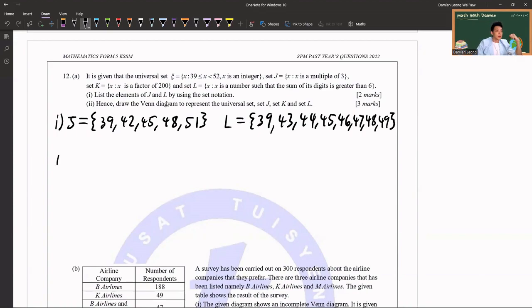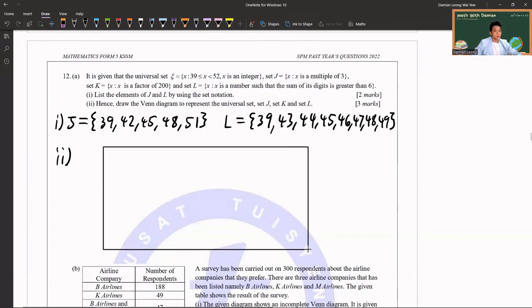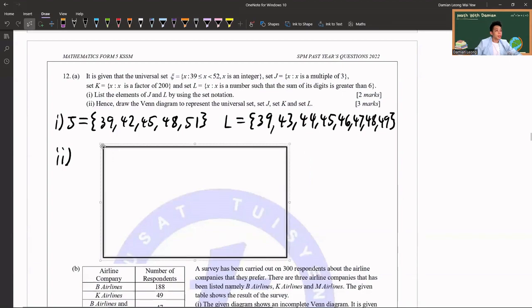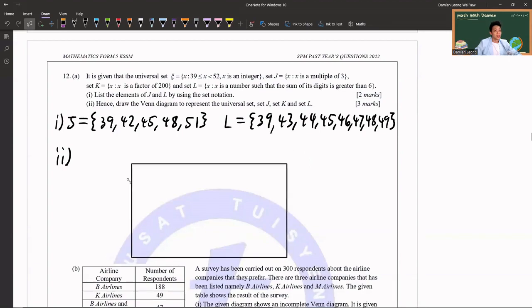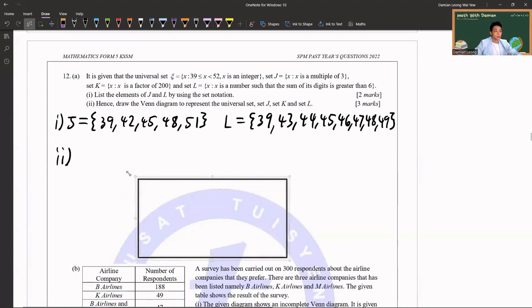Then I want to draw the Venn diagram to represent the universal set, set J, set K, and set L. It's actually better if we know what's in set K as well. So I would actually prefer to list out what's in set K first. Factors of 200.